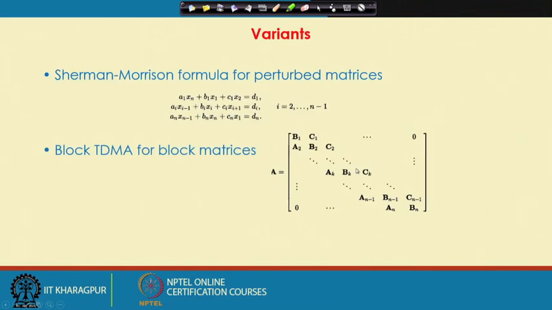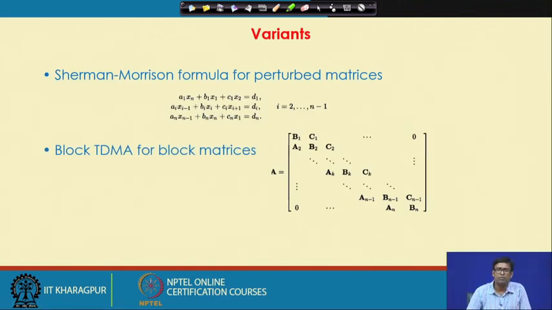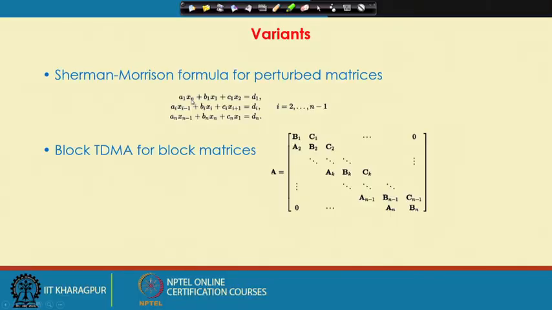There are variants of TDMA. One is that instead of just being tridiagonal, with the central point, the diagonal point, the next point and the previous point, there is something like a periodic boundary condition. There is one band which is away from the diagonal band, which is called the perturbed matrix.